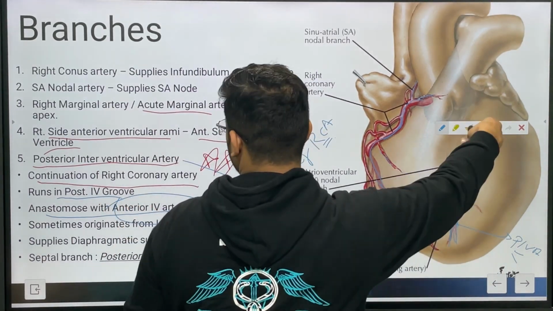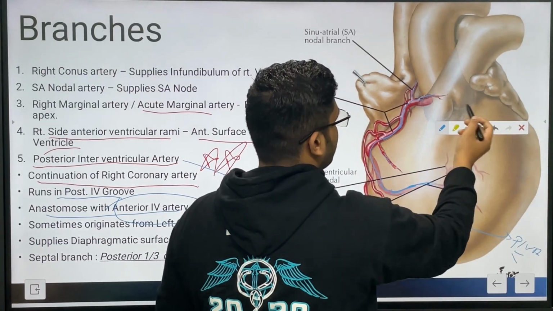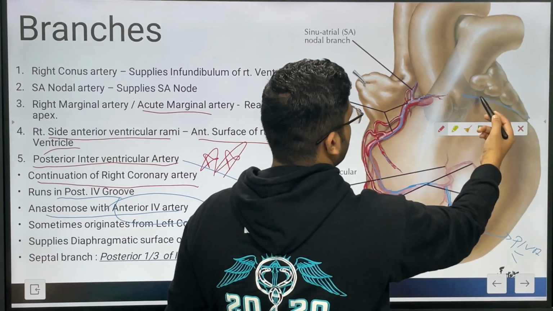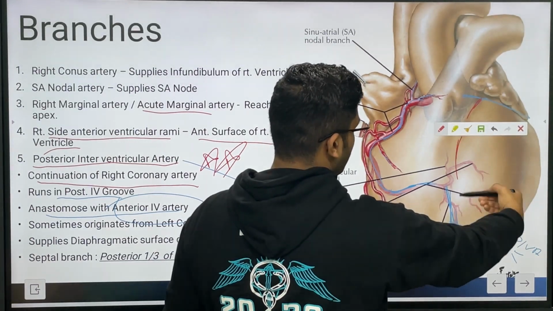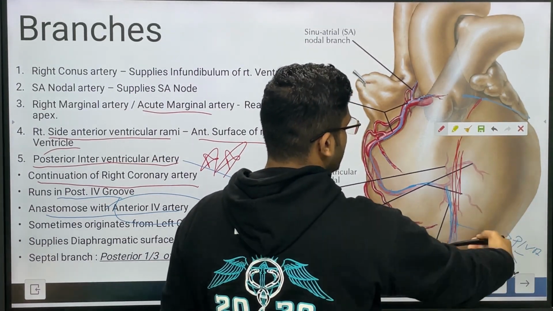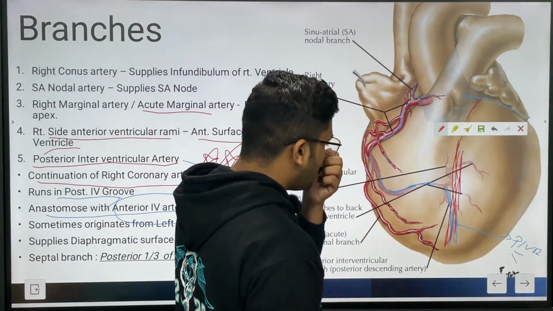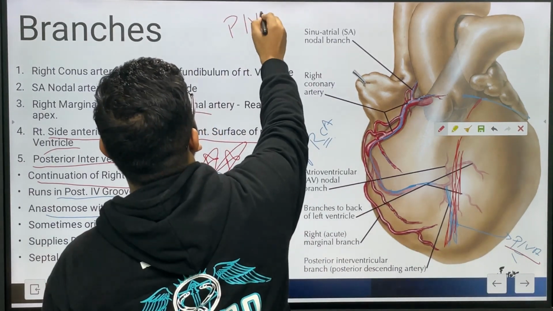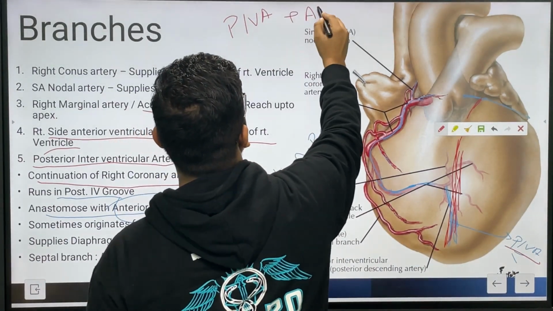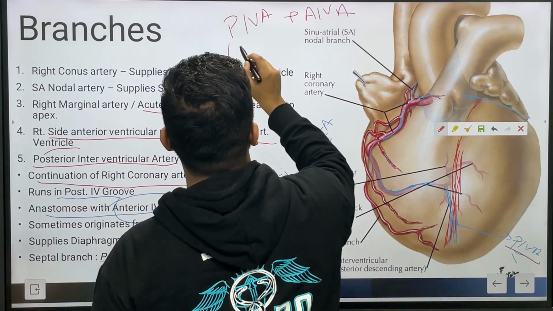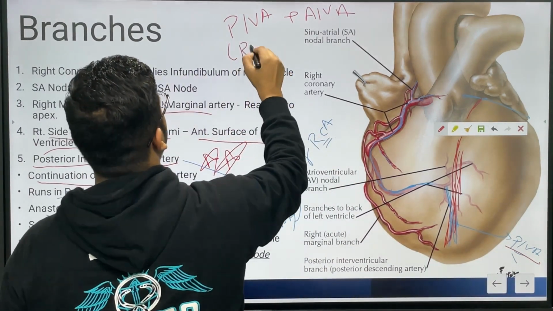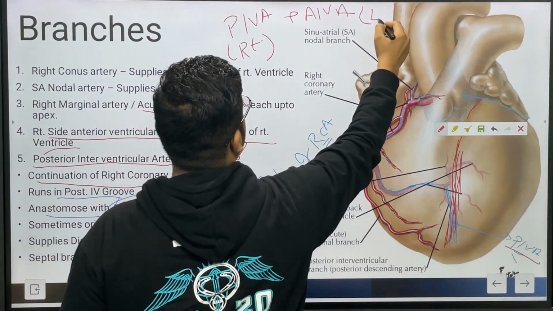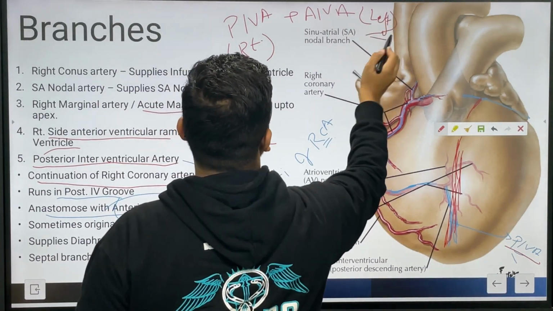It gives a branch, the anterior interventricular artery, from here on the anterior surface or anterior aspect of the heart, and it anastomoses with the posterior interventricular artery. The posterior interventricular artery is a branch of the right coronary artery, and the anterior interventricular artery is a branch of the left coronary artery.